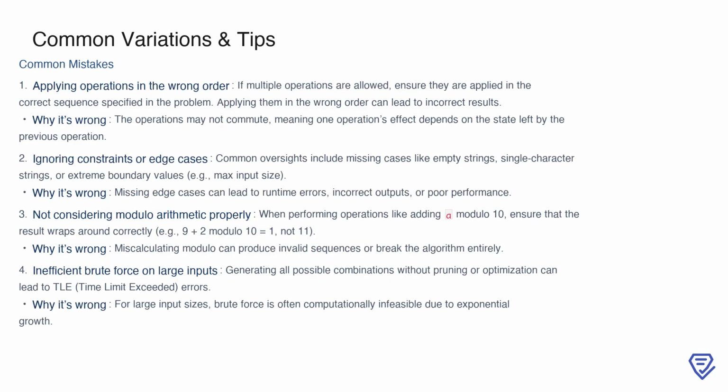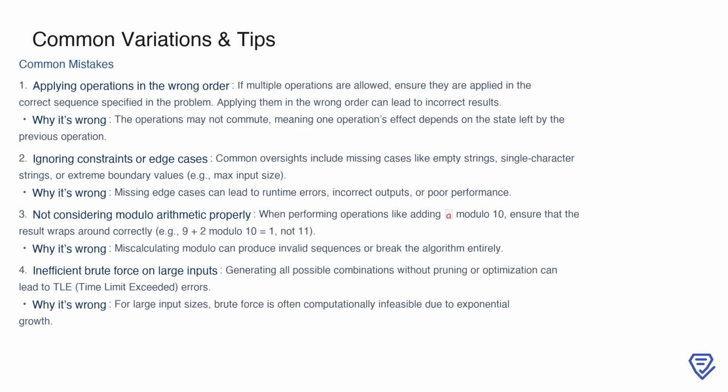One common mistake to watch out for is applying operations in the wrong order. When multiple operations are allowed, their sequence matters. Some operations don't commute, meaning the result of one depends on the state left by the previous. This can lead to incorrect outputs if the order is not carefully followed. Another frequent oversight is ignoring constraints or edge cases.